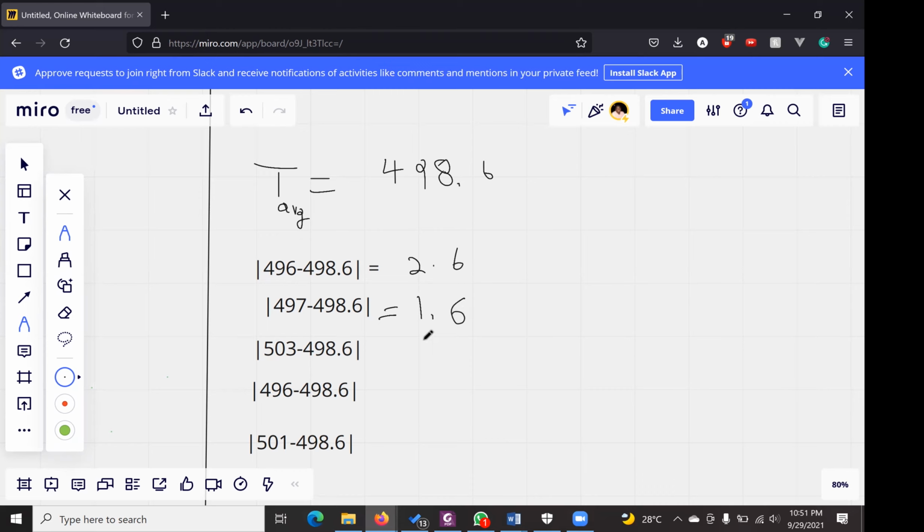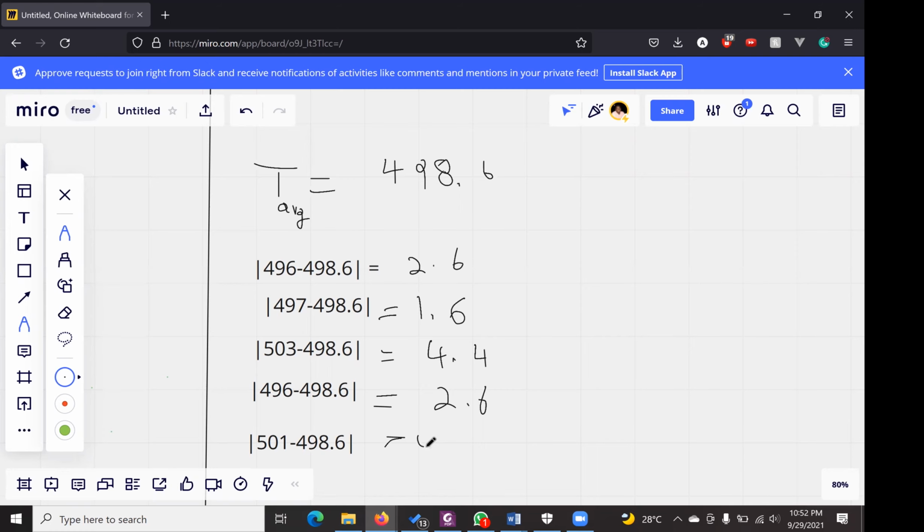Work them out already, didn't you, from before class? No, just worked out all of them. 0.4. 2.6. Next. Which one is 4.4? No, 2.6 again for the 496. Oh, just want to make sure. All right. On the 501, 2.4.